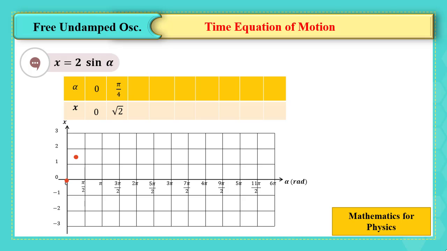Then pi over 2, it's exactly 2, because sine pi over 2 is 1. 3 pi over 4, it's radical 2, pi, 0. 5 pi over 4, minus radical 2, 3 pi over 2, it's minus 2, 7 pi over 4, it's minus radical 2, then 2 pi, it's 0. After that, we find that the points are repetitive. You can try to take different values and check them on the figure and see the result.